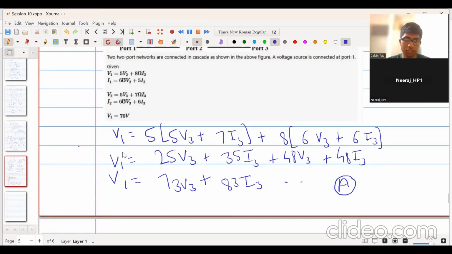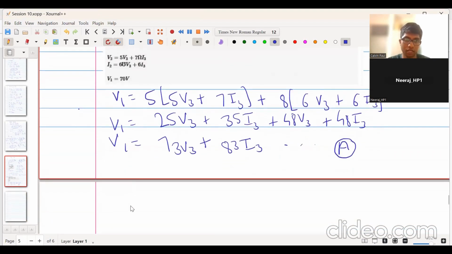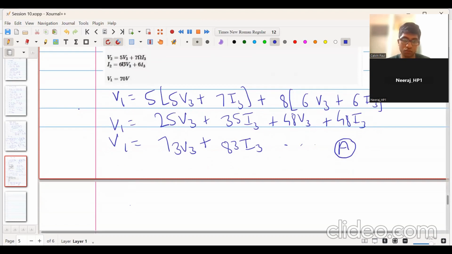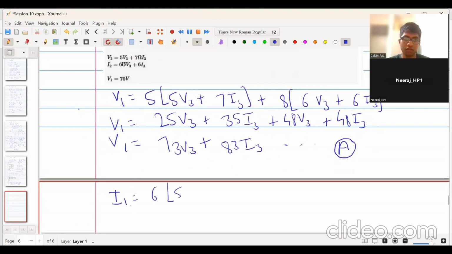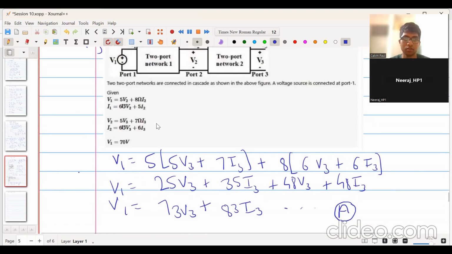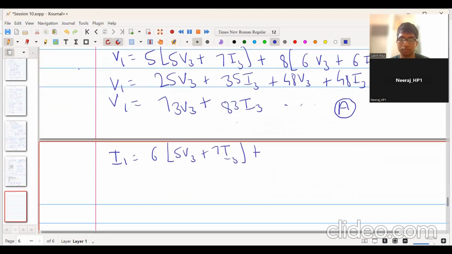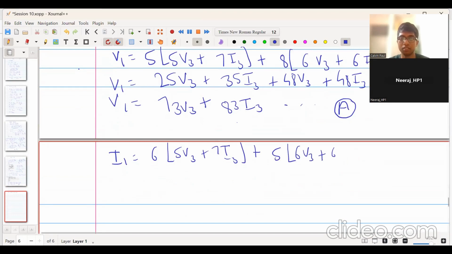So now we will substitute in this equation I1. I1 is equal to 6 into V2, that is equal to 6 into 5 V3 plus 7 into I3, plus 5 into 6 V3 plus 6 into I3.